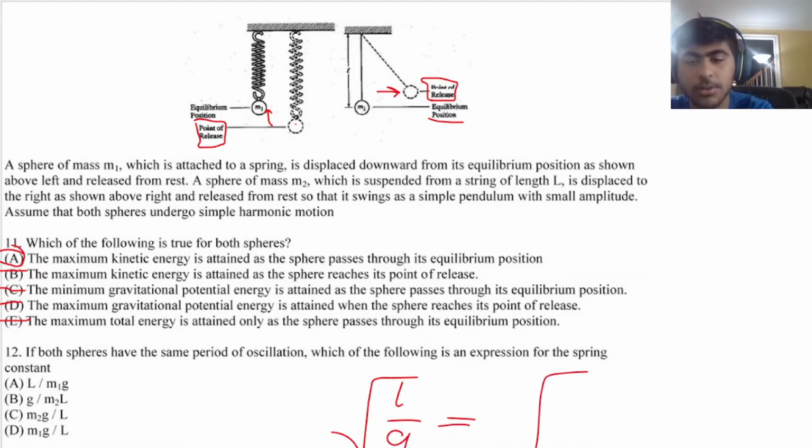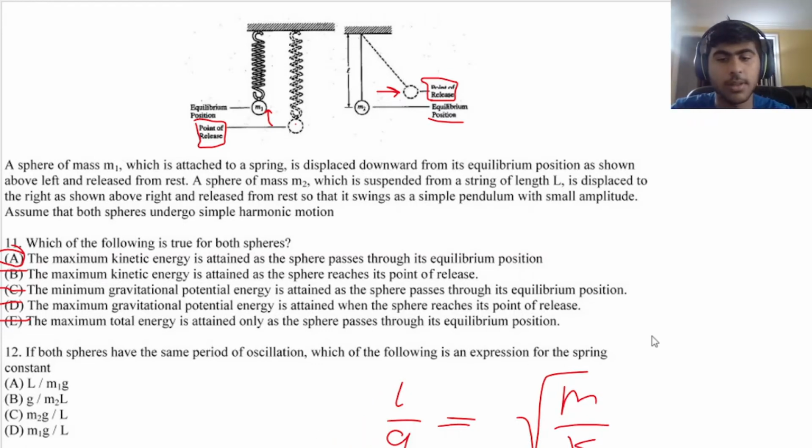Square root of L over g equals the square root of m over k. Right, we can square both sides, and multiply by k, to get kL over g, and then multiply by g to both sides, and get mg.